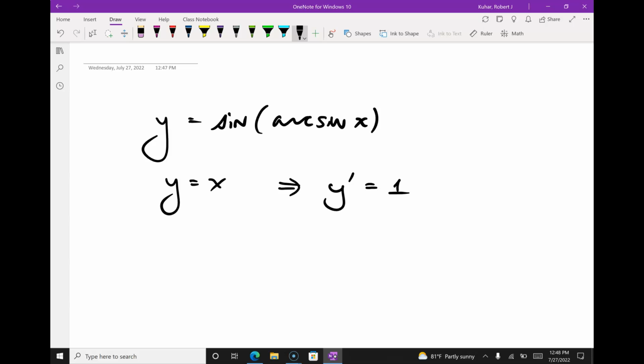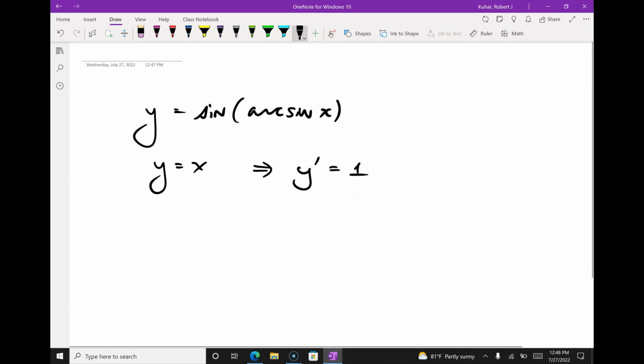But let's do the same problem as if I didn't realize, and let's see what happens to the derivative. So when I do y prime, what do I get for derivative of the outside? Derivative of sine is what? Cosine. Still at theta, right?